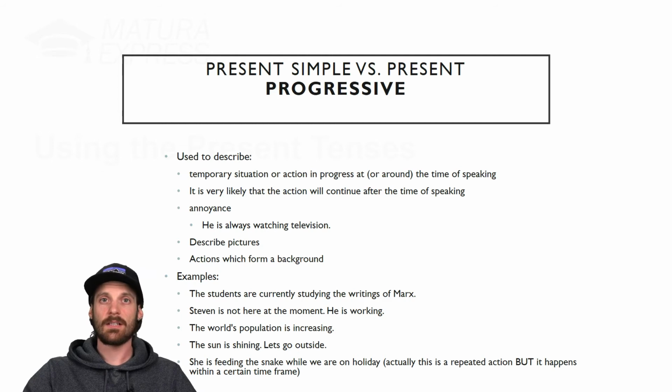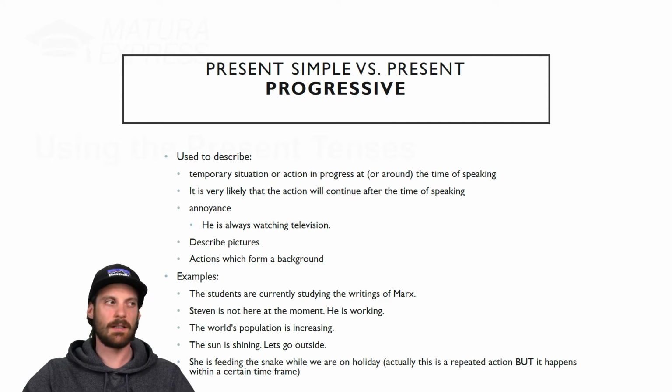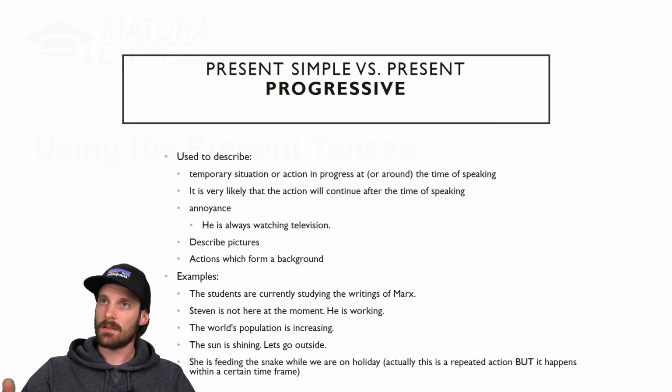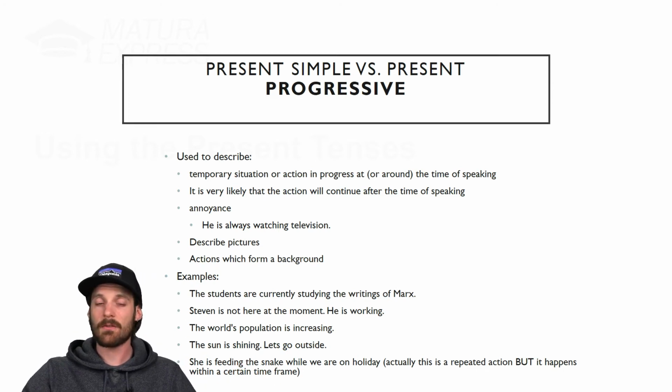In the past, the world's population did not increase at some point of time, or at any different point of times. But today it's increasing, a continuous process. Some day it might stop increasing, never know.